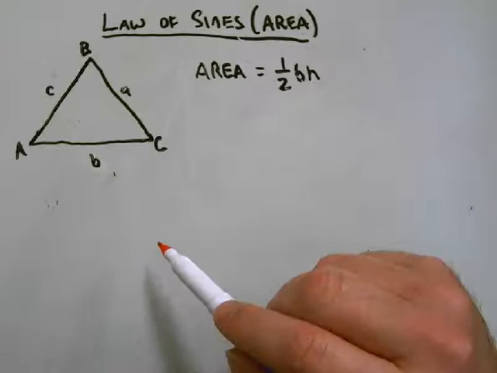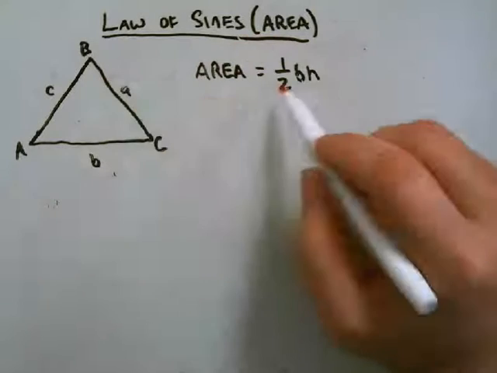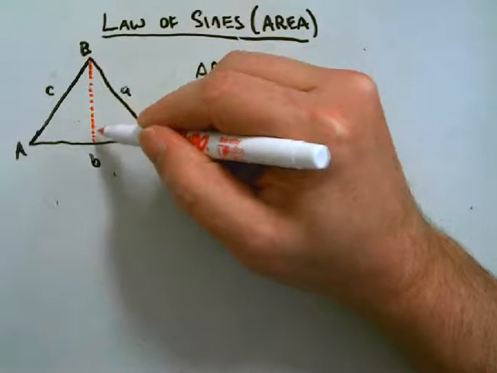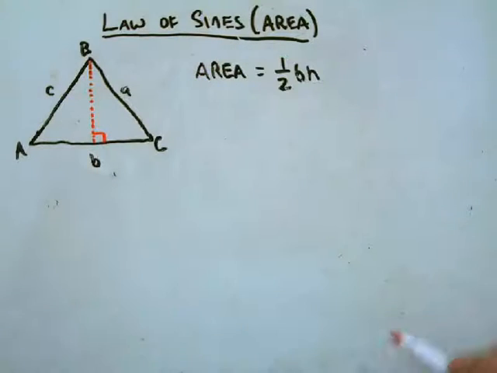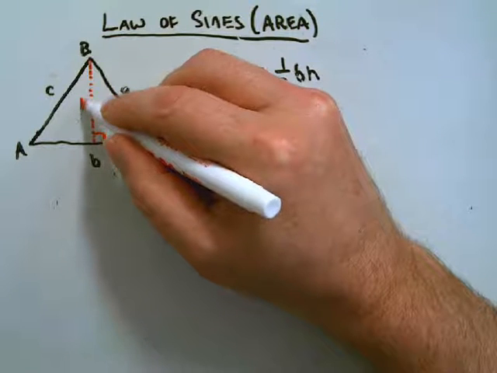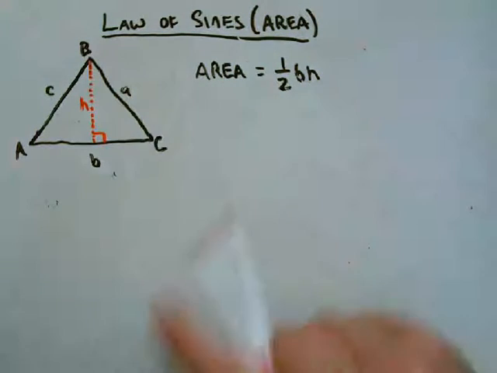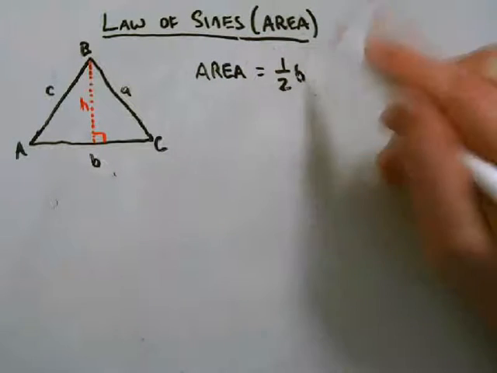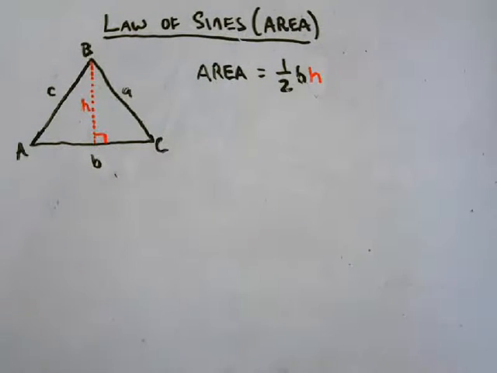So if we wanted the height for this area, and we constructed an altitude, creating a right triangle, and we labeled this the height, then this height here would be replaced with this height in the formula. Again, we don't have that value.